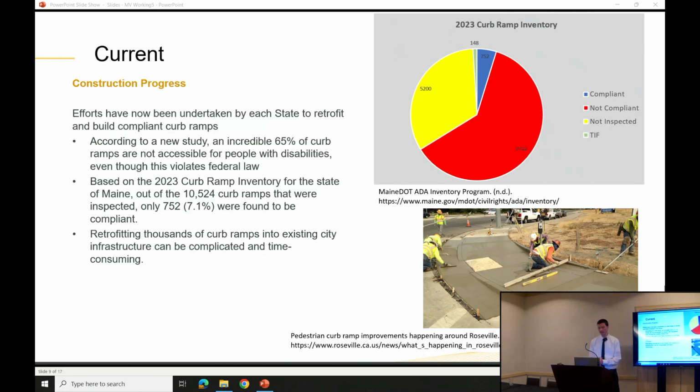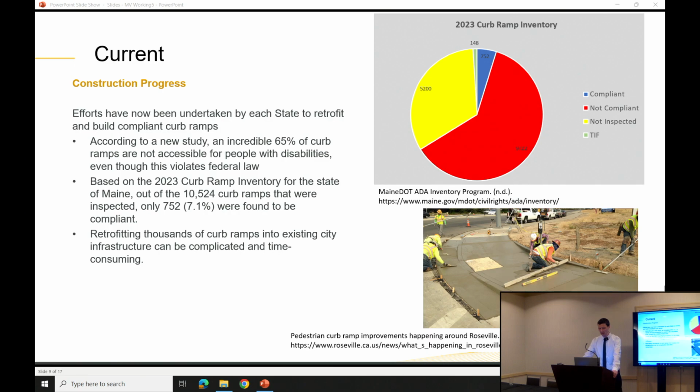Taking a glance at the current construction progress, according to a study conducted in 2020, citing random samples of cities and counties, it was revealed that 65% of curb ramps are not accessible to people with disabilities. Of the 401 government entities reviewed as part of the study, only 13% had transition plans readily available.